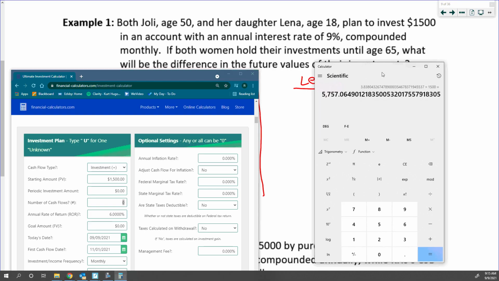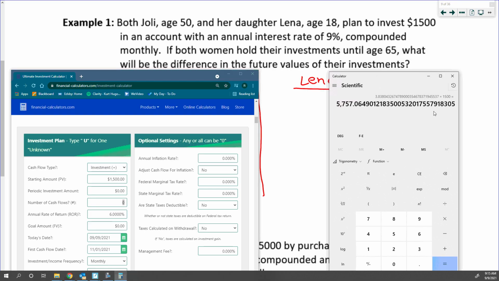Clear what's there before. Lena starts this at age 18 and ends at age 65. So I'm going to do 65 minus 18 to figure out how many years this covers. It's 47 years altogether.